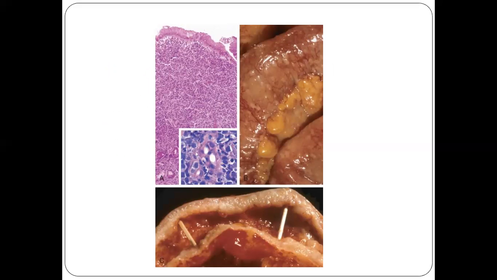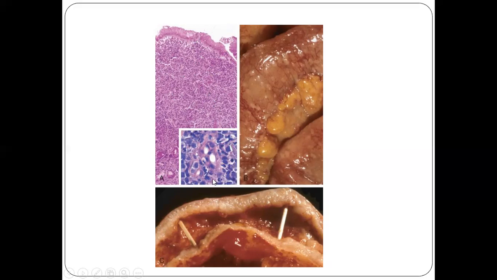So these are the gross and microscopic appearances of gastric or GI lymphomas. There is often diffuse thickening of the wall of the stomach, and here you see the mucosal glands under which there is a diffuse infiltration by lymphocytes.